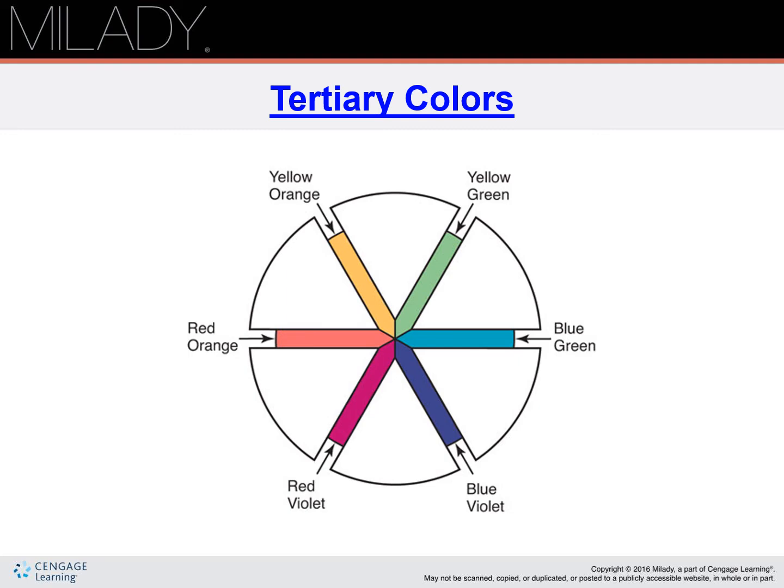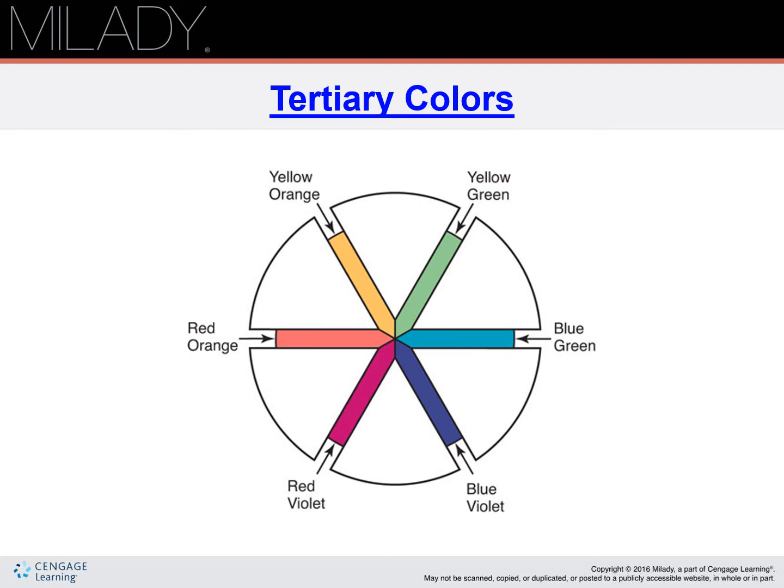I'm so sorry, guys. Then we have, you have blue and you have violet. This creates blue-violet. Then you have violet with red. This creates red-violet with the primary color coming first. You have orange and you have red. This creates red-orange. And then you have yellow and you have orange.